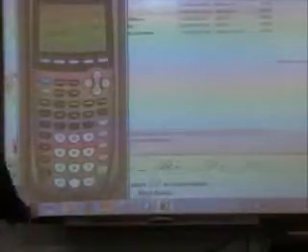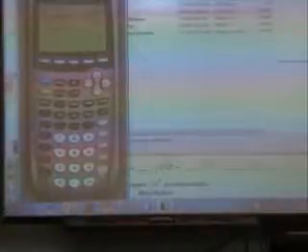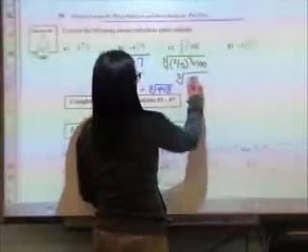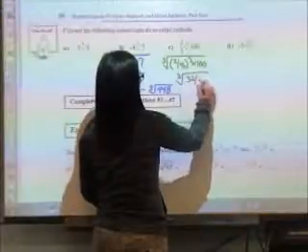I get 6.4, but if I wanted to keep it as a fraction, 32/5. So the cubed root of 32/5.